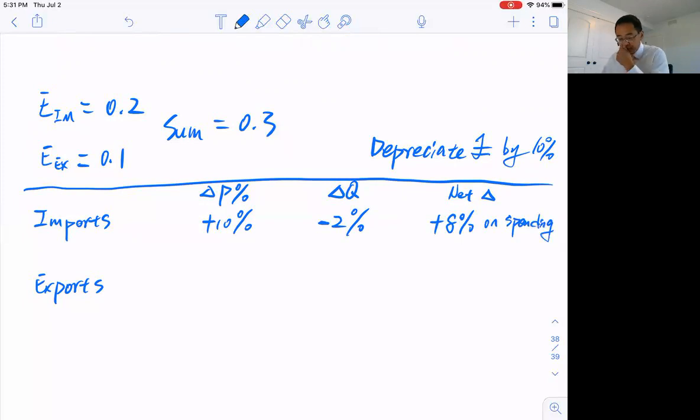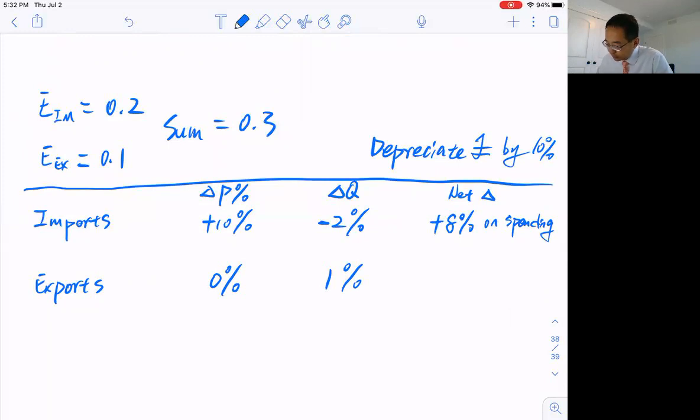Now, similarly, if we depreciate the pound by 10%, the pound price has no change, but to foreigners, the foreign prices decrease by 10%. So according to our elasticity, they will buy 1% more of your exports.